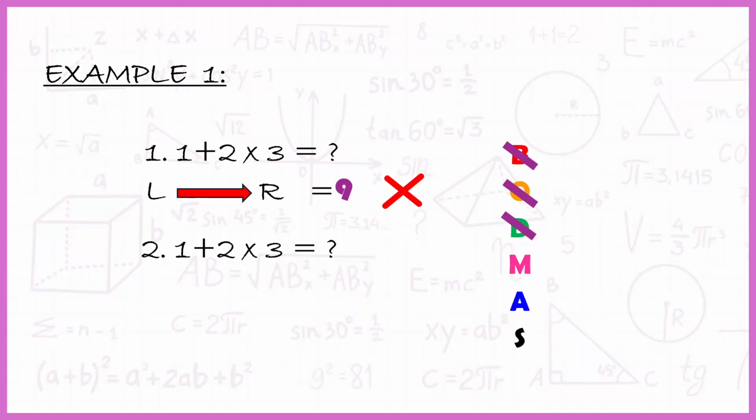However, we do have multiplication, which is the 2 times 3. And 2 times 3 equals 6. Now, we do have addition as well, which is the plus 1. So we're going to do the 6 plus the 1. We don't have any subtraction, so we're going to cross that off. And we're going to do the 6 plus 1, which gives us 7. So when using BODMAS, this equation would equal 7, and that is the correct answer.